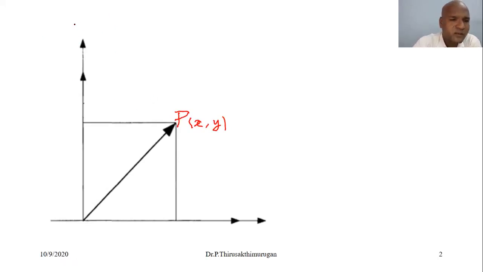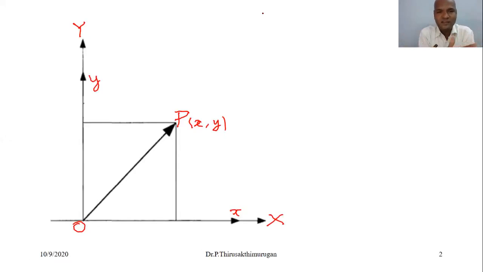Say this is capital Y and this is capital X, and this is the origin. Small x and small y are the robot body frame.